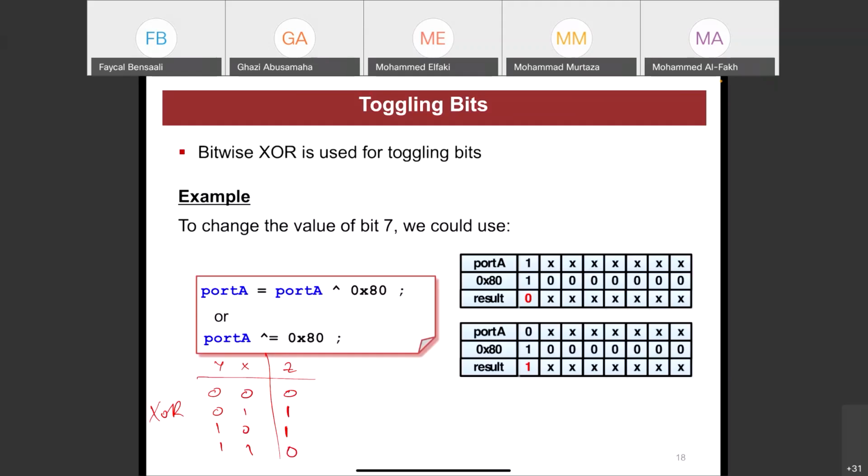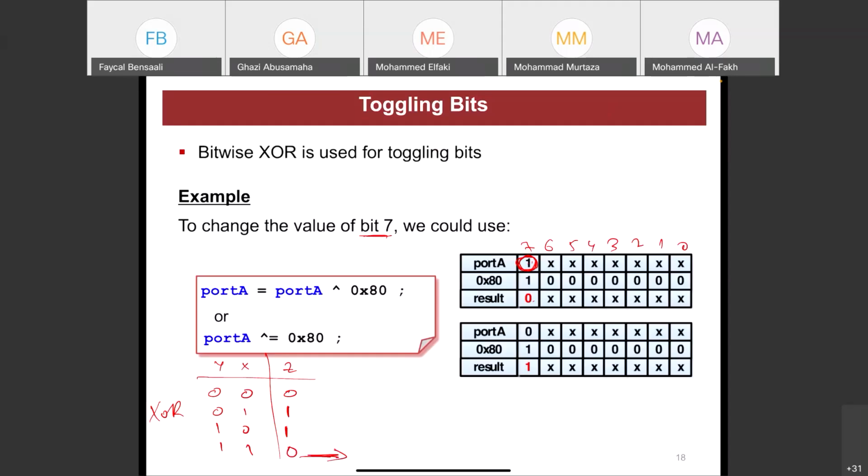So for example, here I want to change bit 7. So this is bit 7, yeah? 0, 1, 2, 3, 4, 5, 6, 7. I want to change bit 7. I put here 2 tables just to show you the case. If bit 7 is 1, when we do 1 XOR 1, what do we get? We get 0, right? So do you see it was 1, it changed to 0.